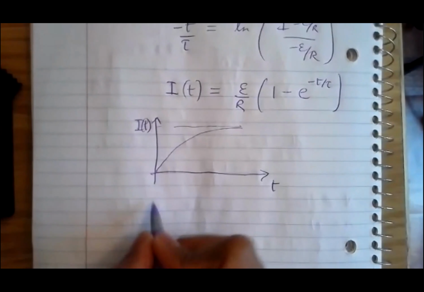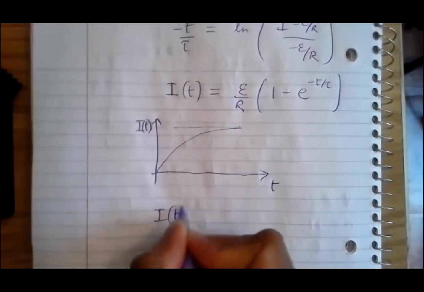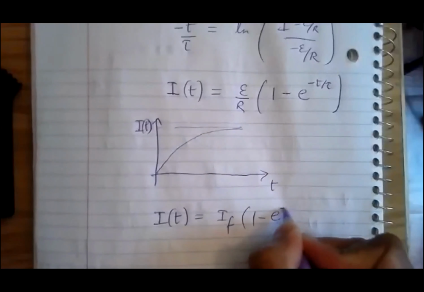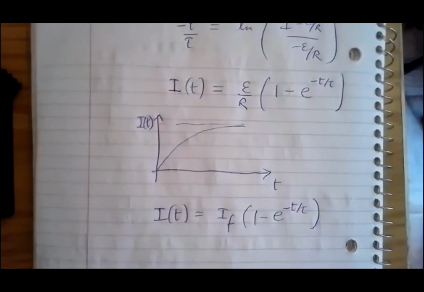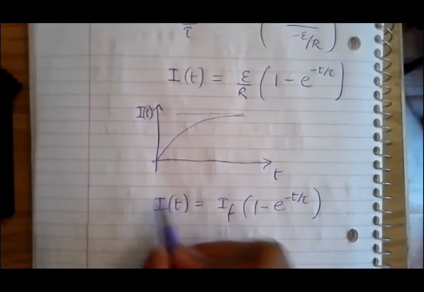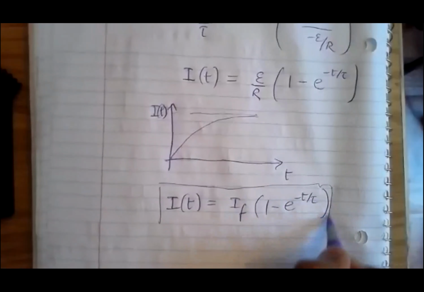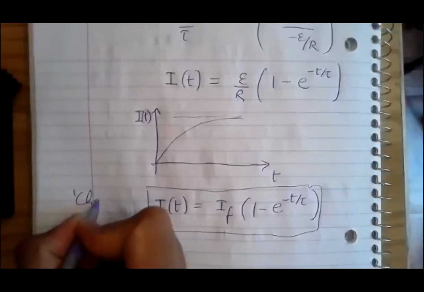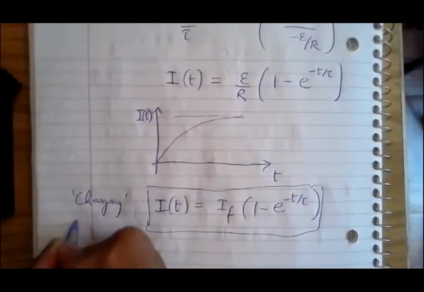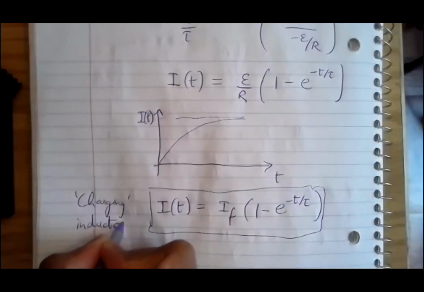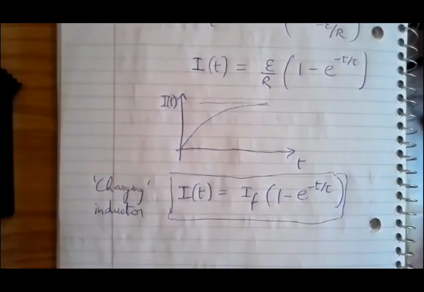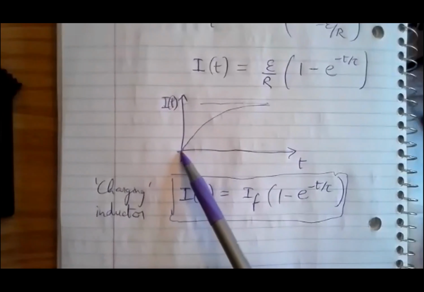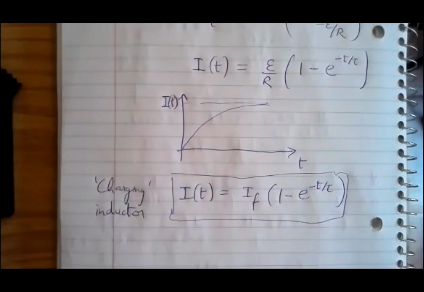So we'll just keep it general, and we'll say I of t is some I final times that. So this is more general and thus more generally applicable. And this is what you might call a charging inductor. Charging is sort of the wrong word because it doesn't really store any charge, it's just a current. But it's when the current through the inductor is rising.